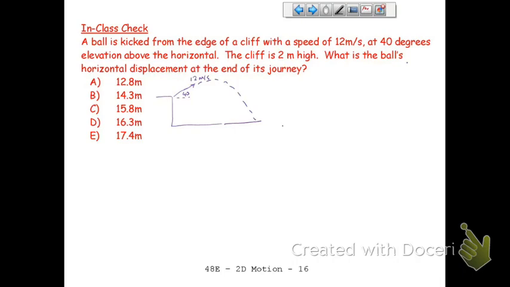The cliff is 2 meters high. What is the ball's range? The range, of course, is the horizontal displacement.